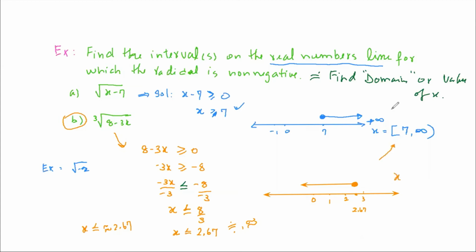You write x belongs to, from negative infinity, and they go to the left-hand side, so you open it at negative infinity, and then 2.67, and because they have an equal sign, you use the closed bracket.